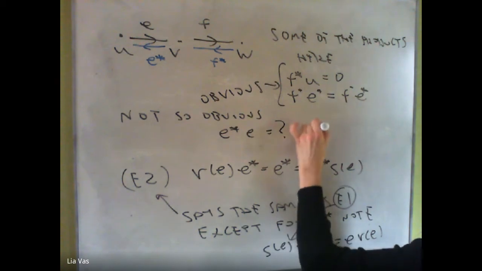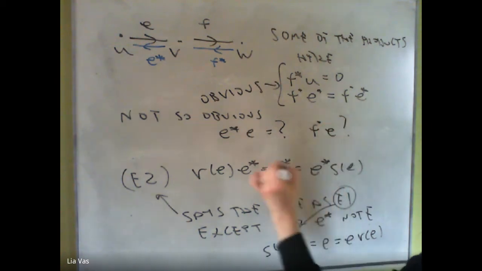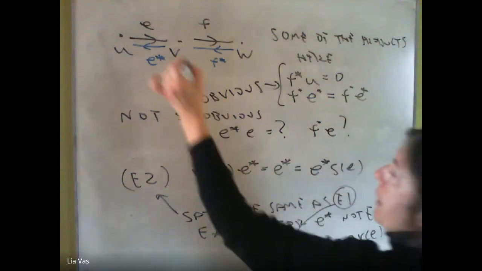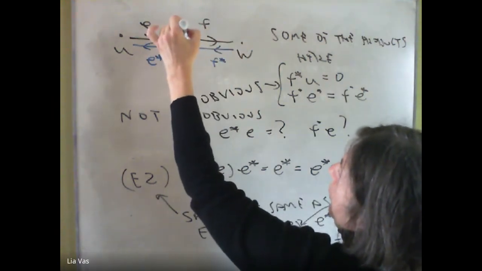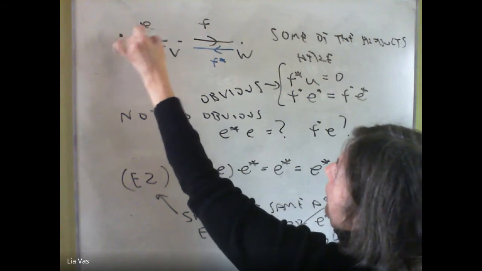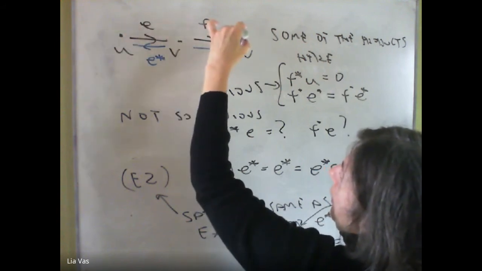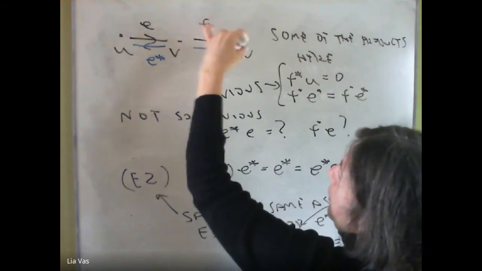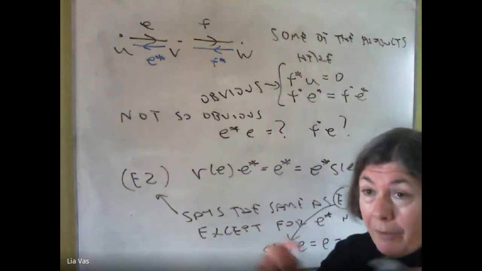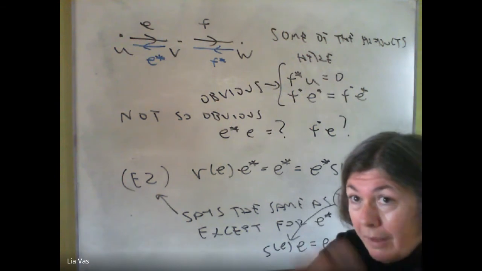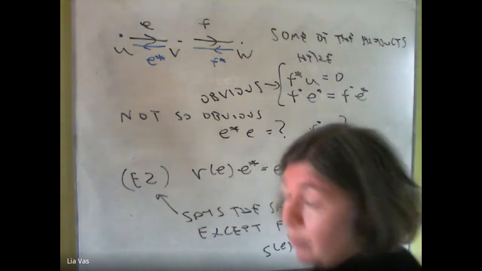And then same thing for F. And you can compose here E. Well, here you cannot compose F star and E, but in general, if you have first star of something and then some other edge, what is that equal to?